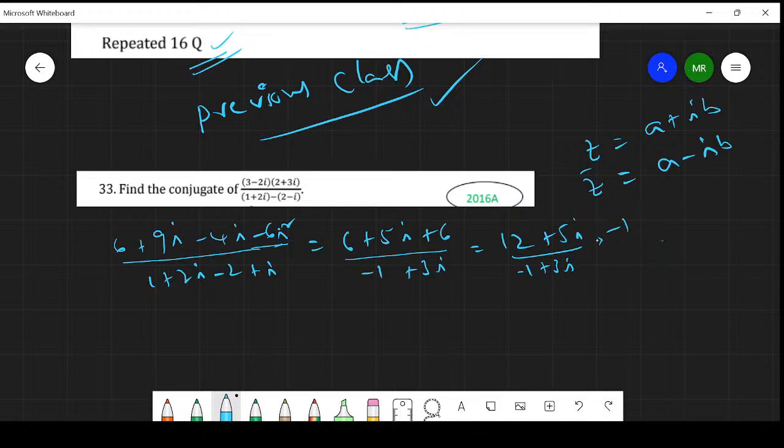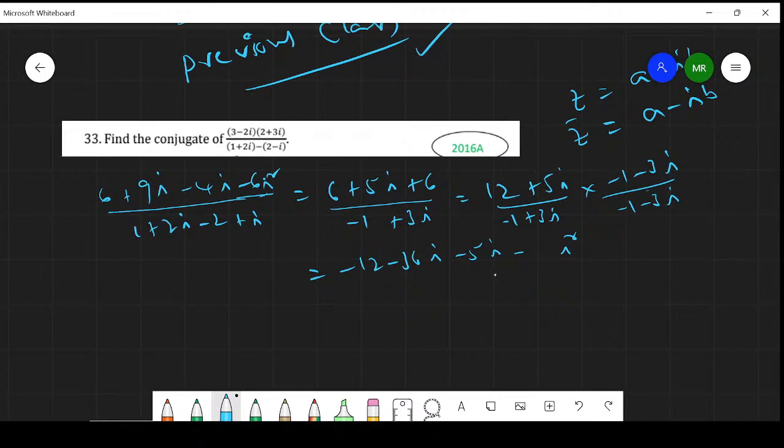If you multiply this, here minus 12, you will get minus 36i, minus 5i, minus 15i square, by denominator, you multiply a plus b, a minus b.